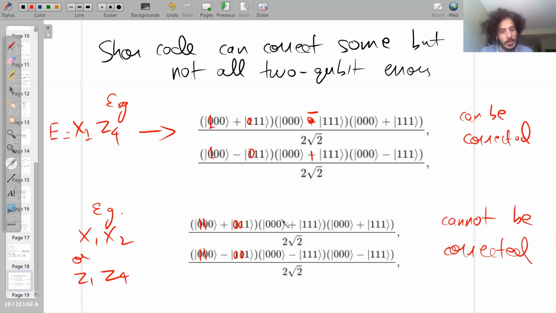So I'll say, oh, the first two are the same, but the second and third are different, so it must be that it's the third flip that was wrong, and I should apply Z9 or 8 or 7 to correct the phase flip in the last block. And then I'll get minus, minus, minus, and plus, plus, plus as my incorrectly corrected code word.